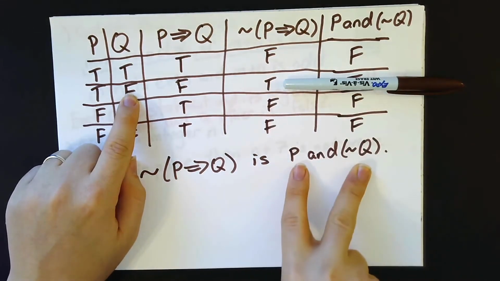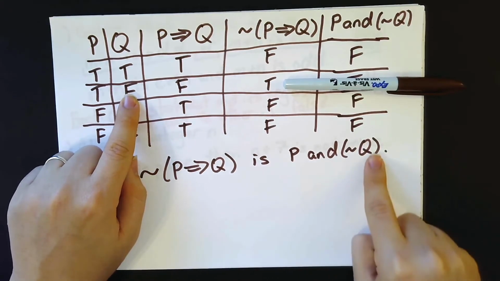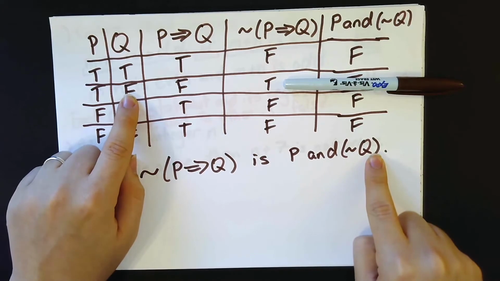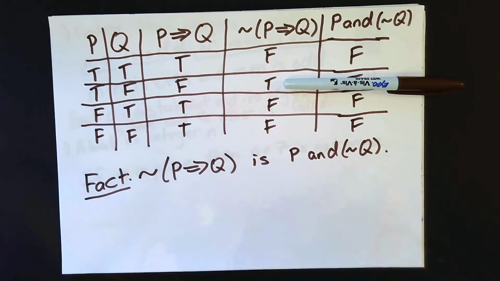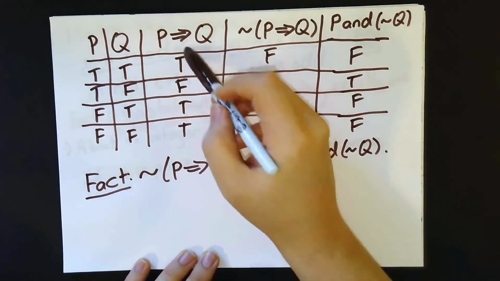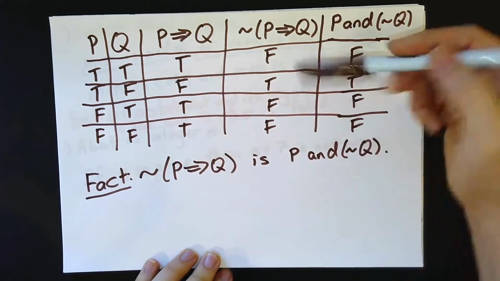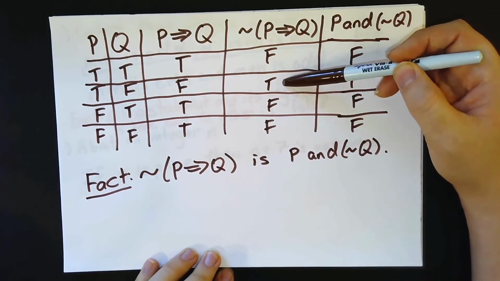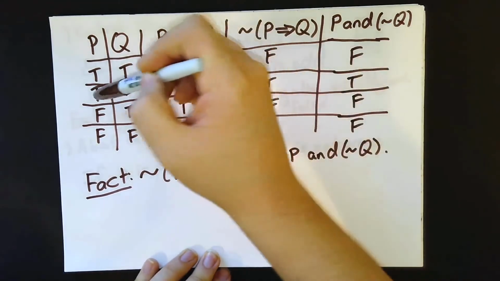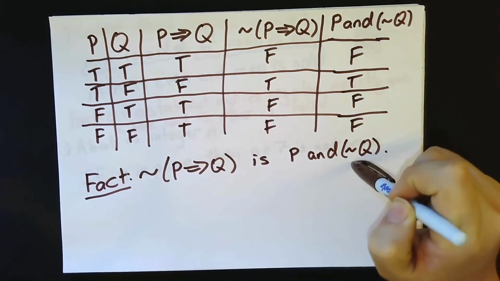And this and statement is exactly the statement P is true and Q is false. So while on the one hand you might not expect this, on the other hand, this is exactly telling us the structure we agreed to for the implication arrow. It's telling us, if you're in this case where the negation of P implies Q is true, then you're in exactly this line where P is true and Q is false. Okay, so that is the negation of an implication.